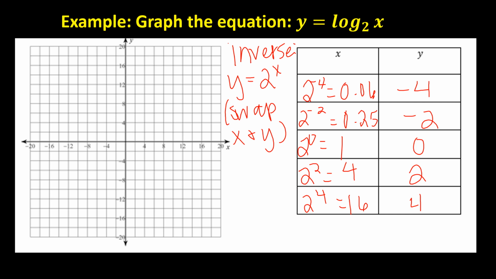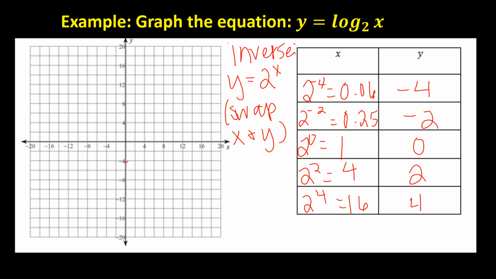All right, so let's plot those points. So our first one is at 0.06, -4. So just barely moving to the right and down to -4. And this is the part where it looks really rough on my screen, so I apologize. Okay, and then 0.25, -2.